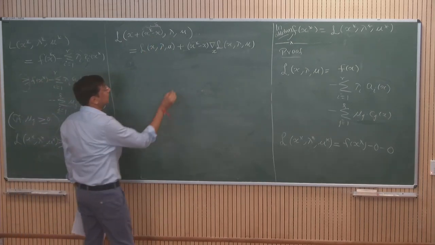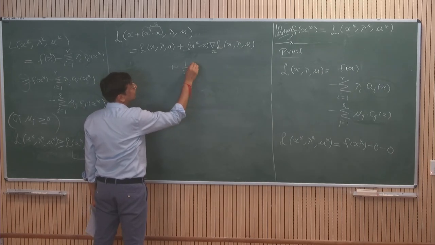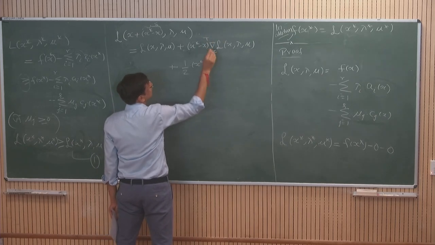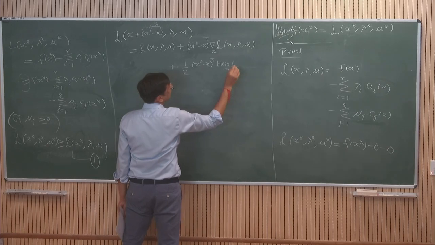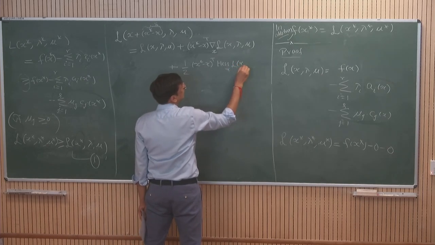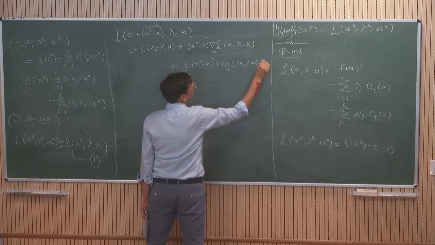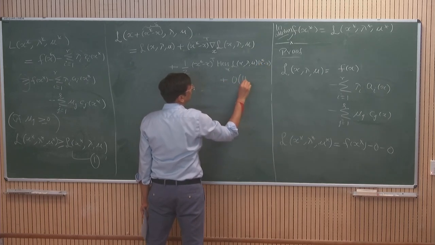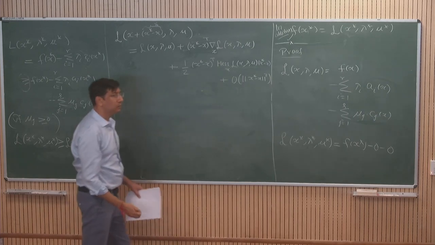Then if I carry the second term, what is the second term? Half of (x star minus x) transpose, Hessian of the Lagrangian at x, lambda, mu, times (x star minus x), correct? Plus order of norm of (x star minus x) cubed.